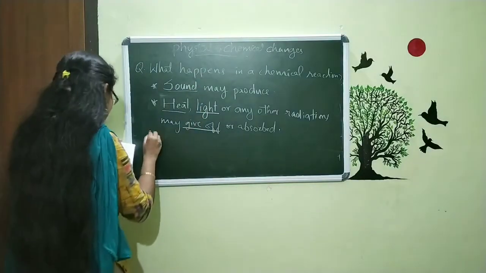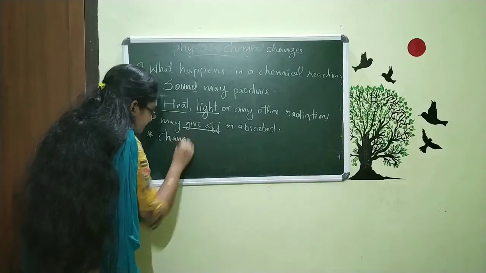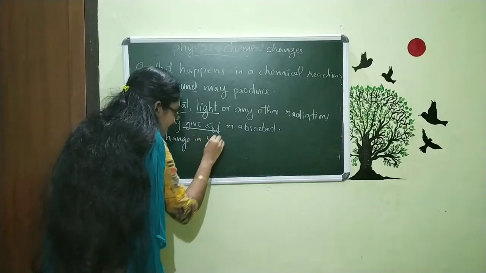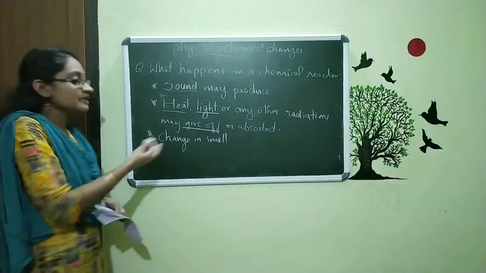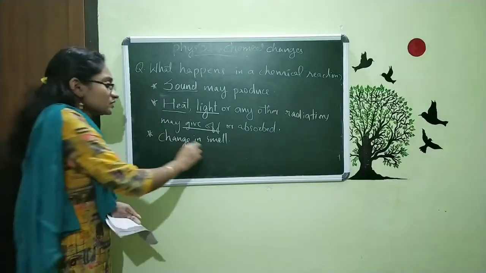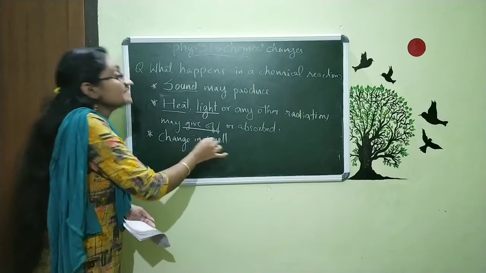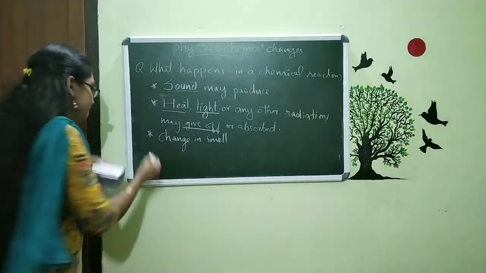Now we are discussing the third point, change in smell. Change in smell occurs. Sometimes the smell will be good, sometimes it will be irritating, it doesn't matter. So the change in smell also occurs within a chemical reaction.